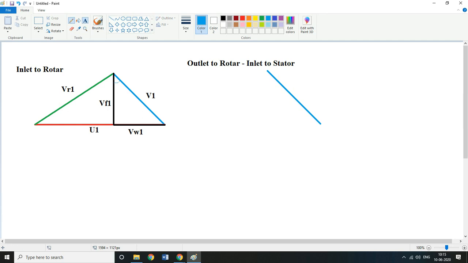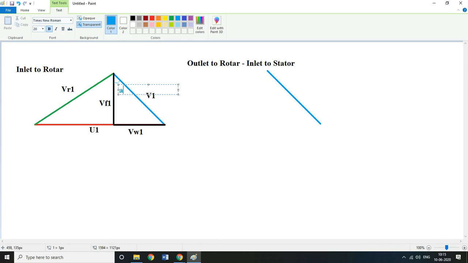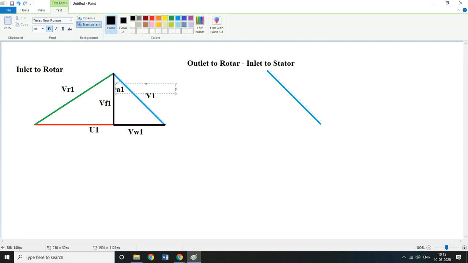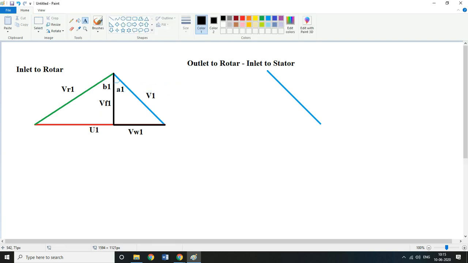This is alpha 1, and this is beta 1, okay. So it will exit with a certain absolute velocity V2, and then it will face the same blade velocity at the root, U1, correct.